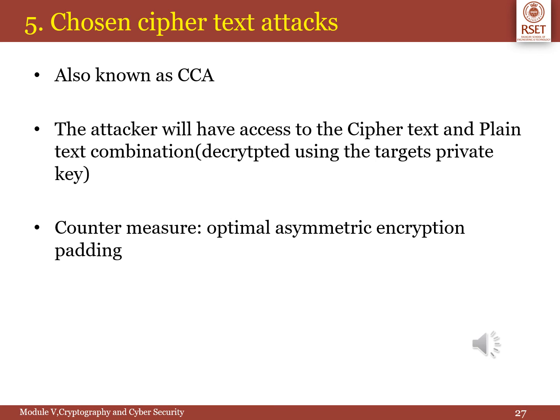Chosen ciphertext attack, also known as CCA, is defined as an attack in which the adversary chooses a number of ciphertexts and is then given the corresponding plaintext decrypted with the target's private key. Thus, the adversary could select a plaintext, encrypt it with the target's public key, and then get the plaintext back by having it decrypted with the private key. Clearly, this provides the adversary with no new information.